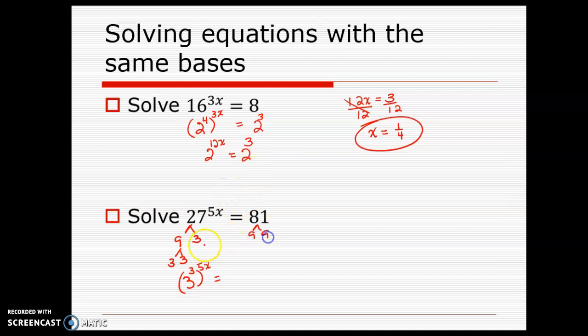And you already know that 9 breaks down into 3 times 3. So this is 3 to the 4th. So 3 to the 15x equals 3 to the 4th. And your equation then is 15x equals 4. Divide by 15. And x equals 4/15.